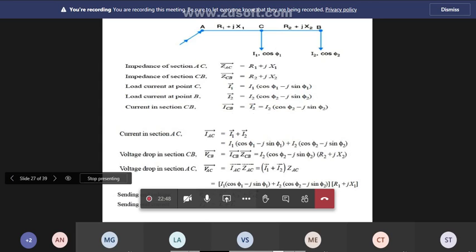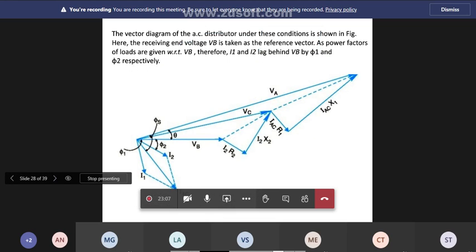VB is the reference, and adding the drops I2 R2 and jI2 X2, we get VC. Then adding IAC R1 and IAC X1, we get VA. That is the vector diagram.